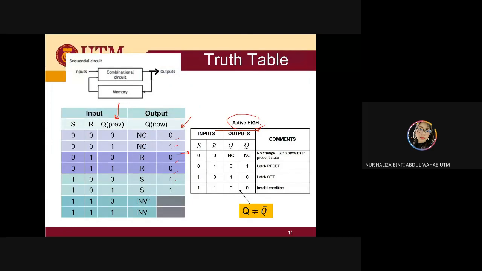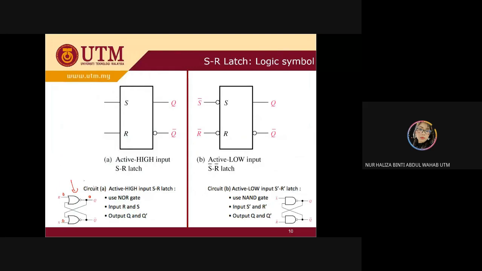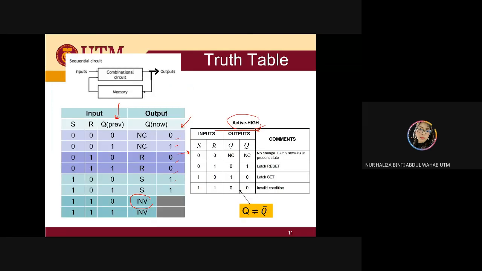It is invalid when you apply all the derivation inside here: you get Q and Q bar with a similar value, which is 0 and 0. That's why we say it's invalid, because supposedly Q and Q bar toggle to each other.